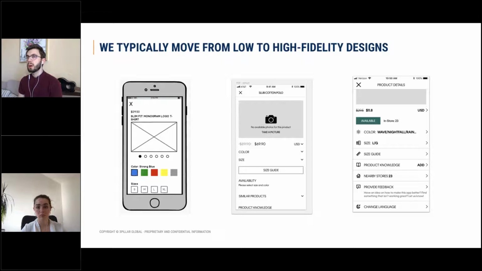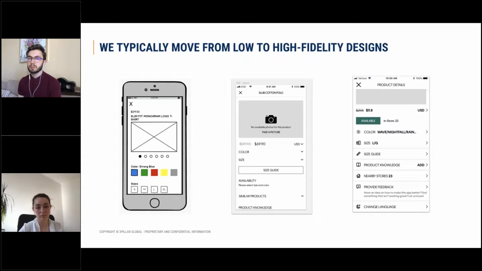So we run a couple of mid-fidelity testing sessions, and by the time we get to our 5th, 6th, and 7th iteration, we usually have a high fidelity prototype, a prototype that now tests whether or not the font size is, let's say, good enough for the user, really detailed visual hierarchy, other types of components, their padding, spacing, and language as well.